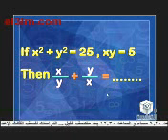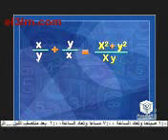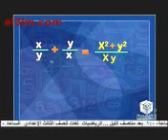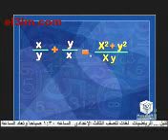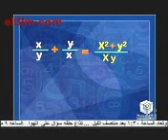The solution will be x over y plus y over x equals, by multiplying the two denominators, x times y equals xy, and by cross multiplication, x times x equals x power 2 plus y times y equals y power 2.